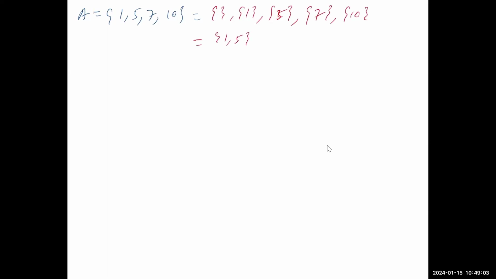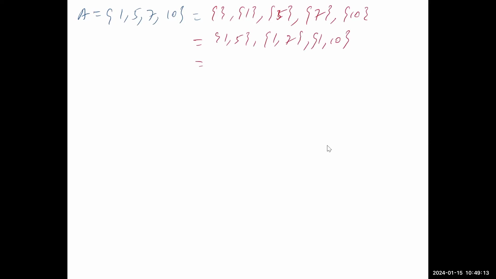So we have an example. We have the set A with 1, 5, 7, 10. We can write out the subsets: the empty set, then 1, 5, 7, 10. Now 1 5, 1 7, 1 10.